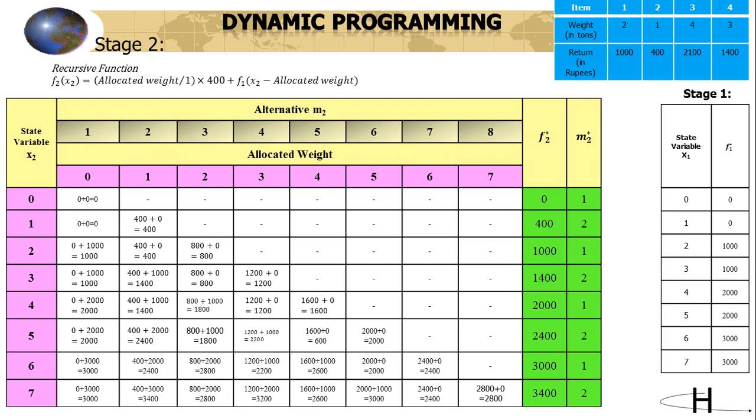Now in stage 3, item 3 will be considered along with items 1 and 2. The weight per unit of item 3 is 4 ton. The return value is 2100. So let's solve stage 3.